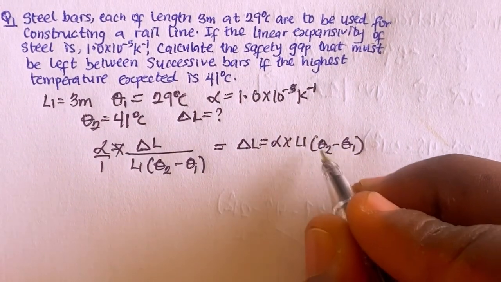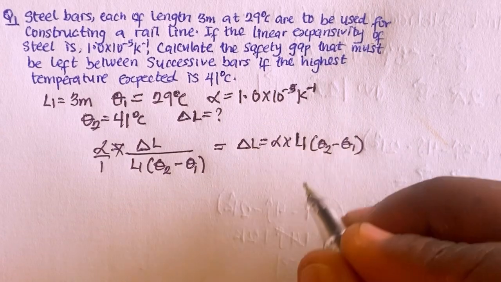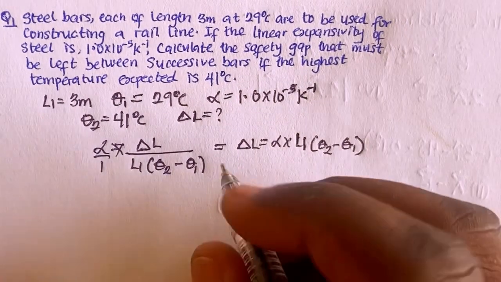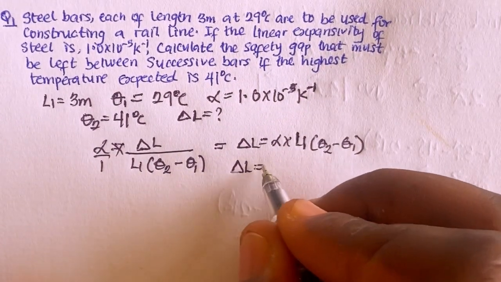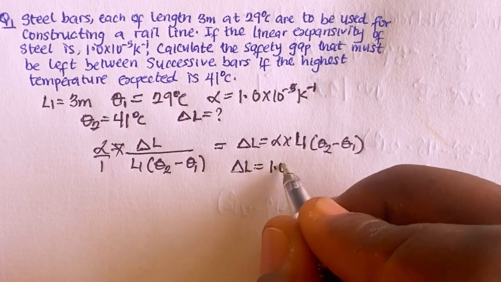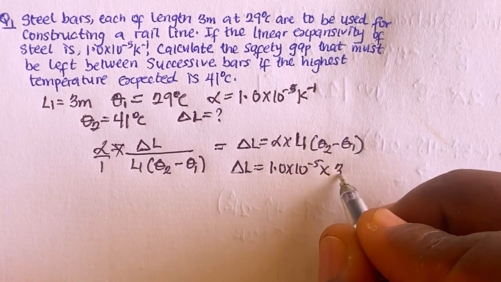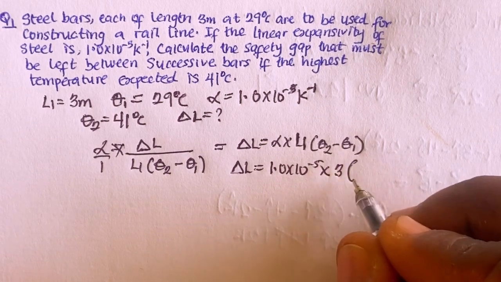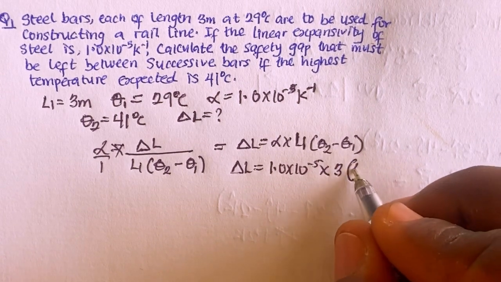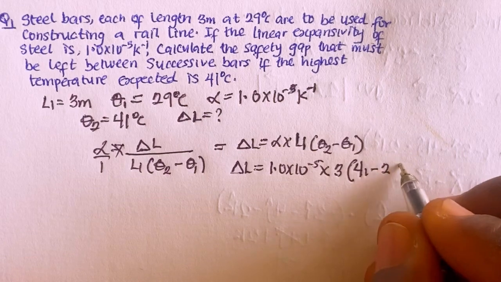I can further simplify the formula by making delta L the subject: delta L equals alpha multiplied by L1, into bracket theta 2 minus theta 1. So delta L equals my alpha, which is 1.0 times 10 raised to power minus 5, multiplied by L1, which is 3, then into bracket change in temperature, theta 2 minus theta 1, that is 41 minus 29.